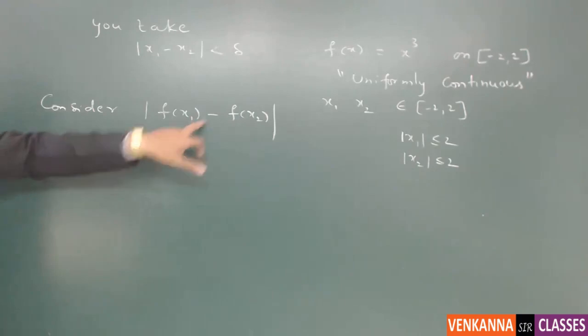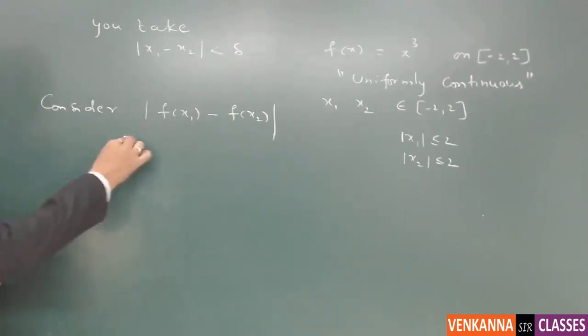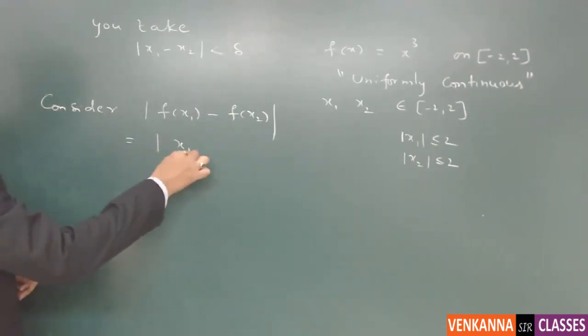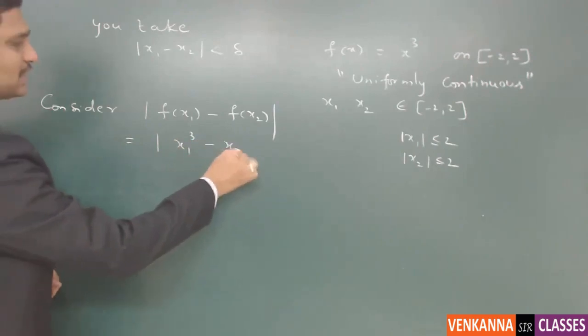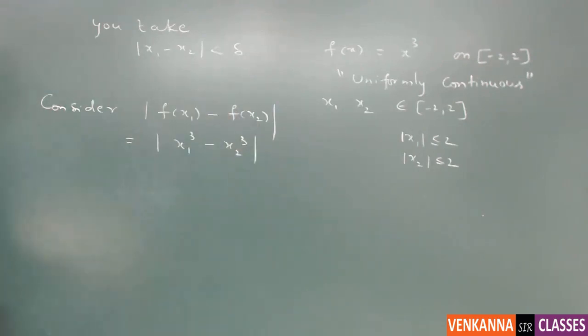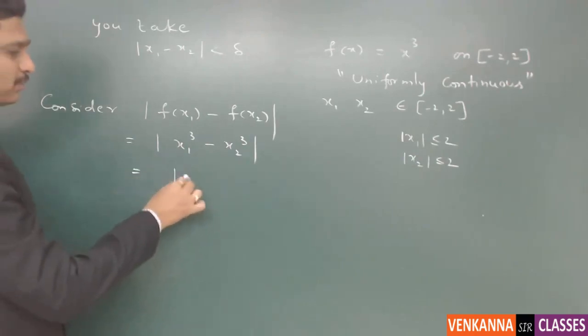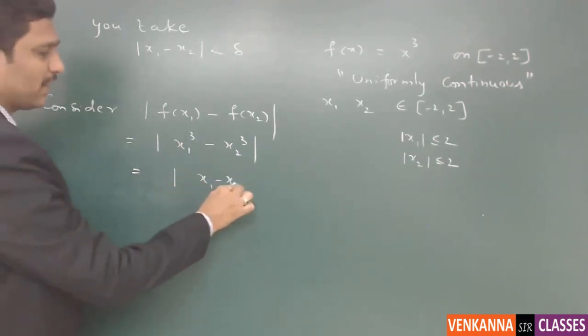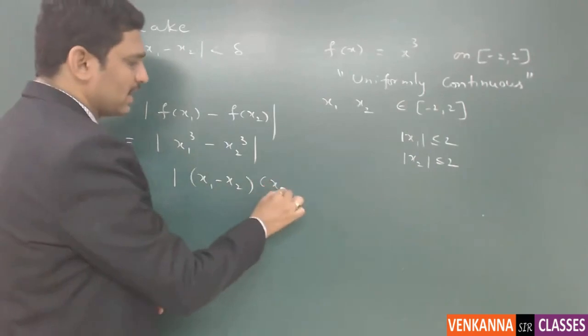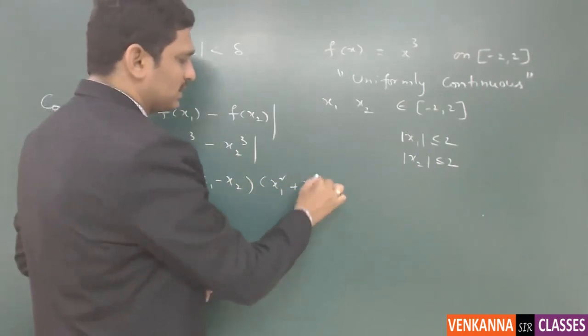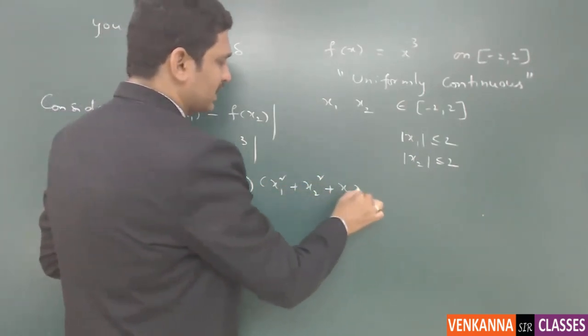Now if you substitute the values there, it will be modulus of x1 cube minus x2 cube. Since it is of the form a cube minus b cube, I am going to write it as modulus of x1 minus x2 into x1 square plus x2 square plus x1 x2.